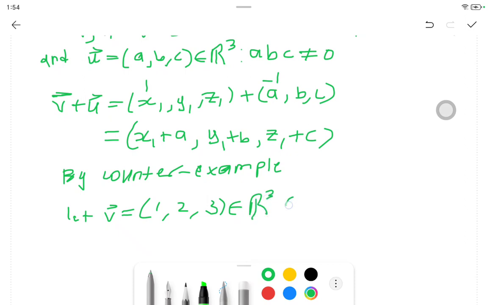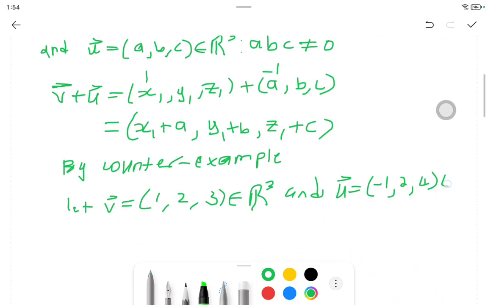This is an element of R3, and I pick u to be minus 1, 2, 4. This is also an element of R3.